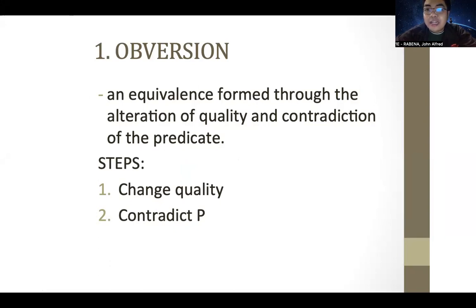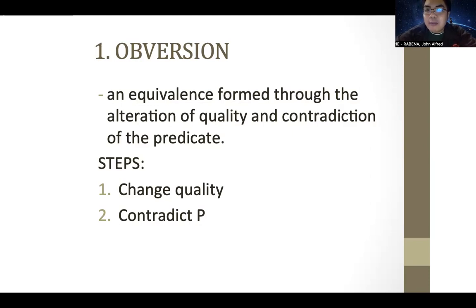It is the word green, right? If you want to contradict the predicate, you place the word non, as in N-O-N. To contradict the predicate green, it will become non-green. Any word, if you want to contradict it, you place the word non, N-O-N.